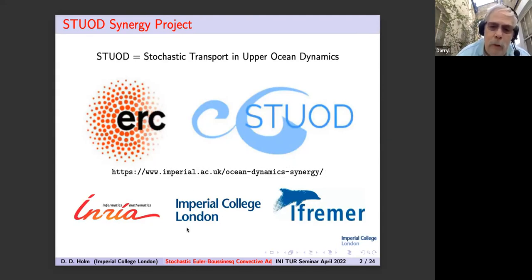It involves 3 institutions: Imperial College, INRIA, which is the French National Computational Science Center, and IFREMER, which is the French National Satellite Oceanography institute and does other types of oceanography as well, and they're connected to the European Space Center. So I'm getting inundated with models and data now, and that's part of the background of what I'm talking about.